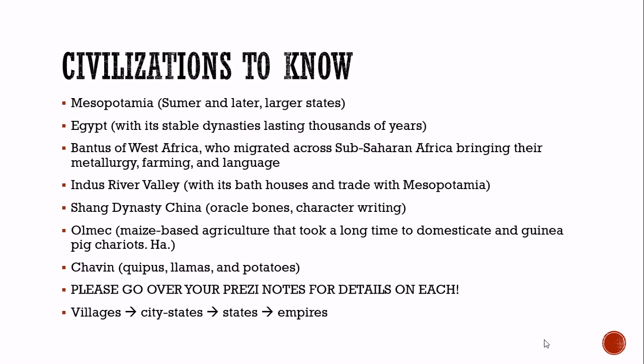Eventually, and we'll talk about this more in time period 2, you will have some states which become very strong, conquer other states, and become empires, which implies a lot of diversity because they've become so big that there are different ethnic groups, different language groups, different religions, different kinds of people all within one empire.